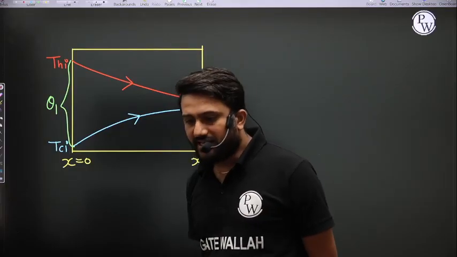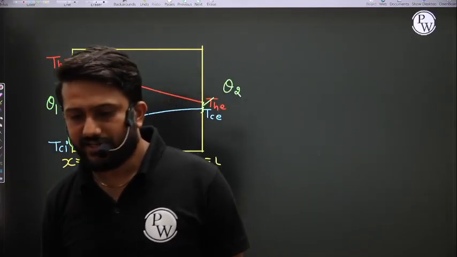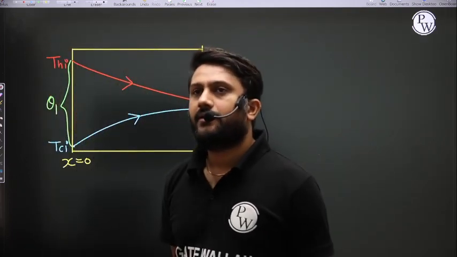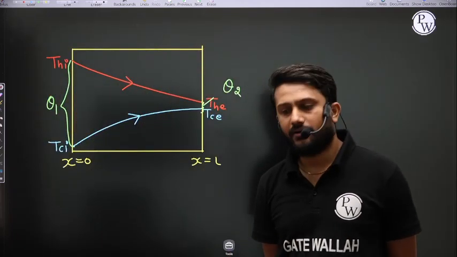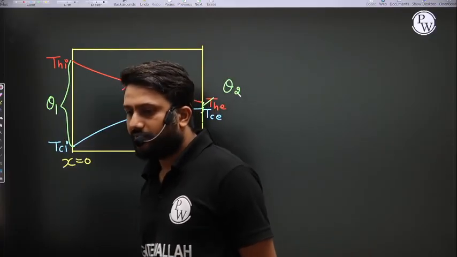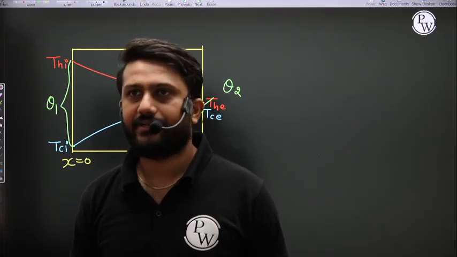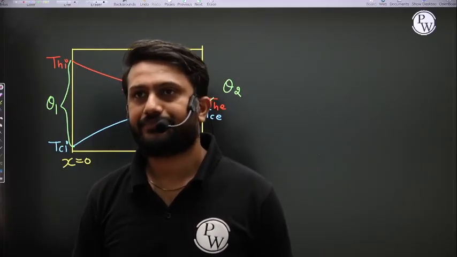From the derivation, because I am not doing the derivation here, because the derivation is not that important here. If you take the full course, in the full course I am completely deriving it, but right now I am not deriving it.